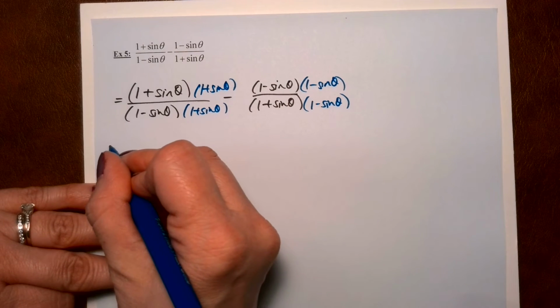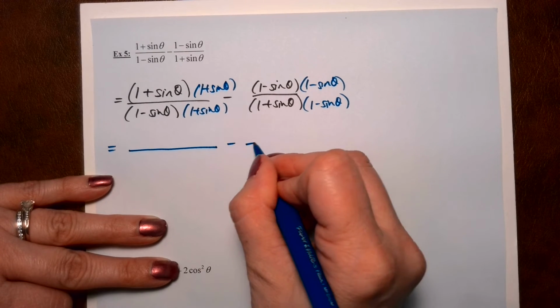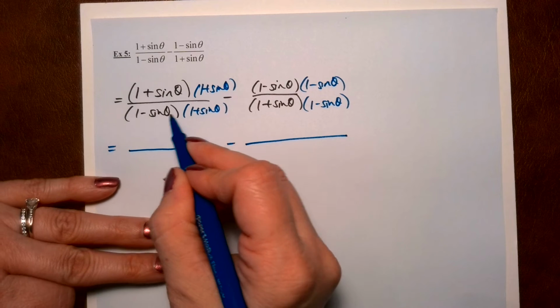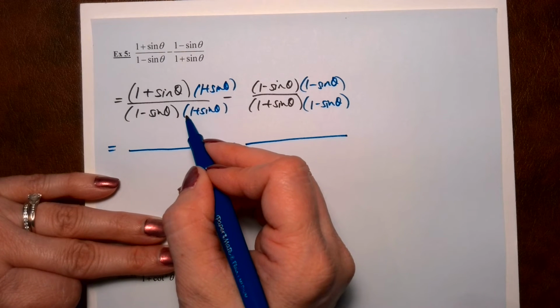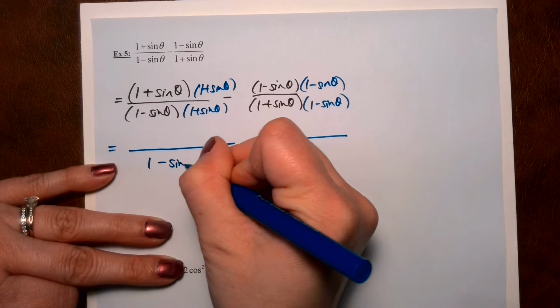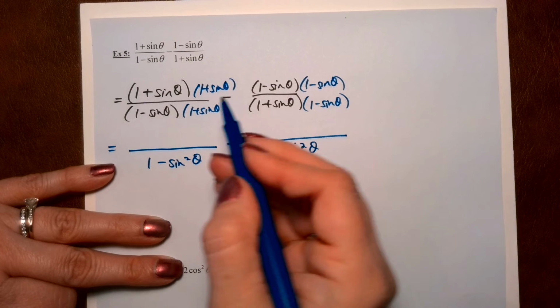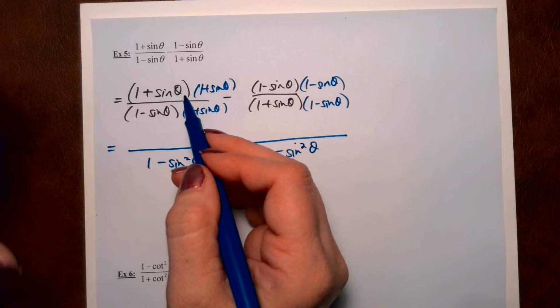So let's see, maybe I'll keep this separate for just a second because it seems really huge. Should I multiply the denominators? Yes, because they're conjugates. So 1 minus sine squared. Now what about the numerators here?